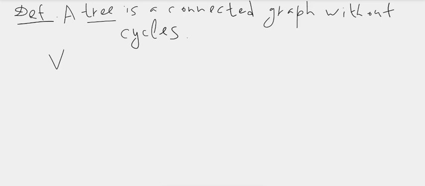So now in a graph we denote by capital V the set of vertices, and by capital E we denote the set of edges. So this is the vertices, and this is edges.